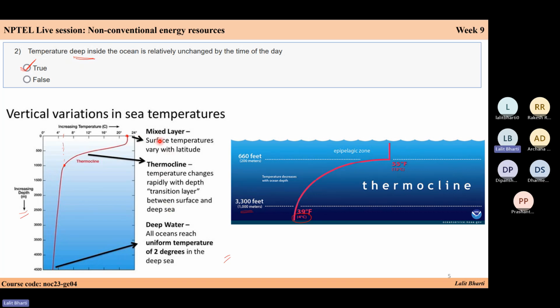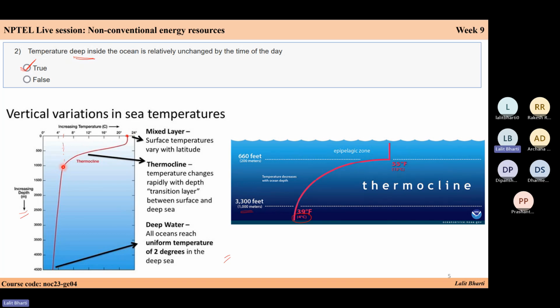The top layer is called the mixed layer, which has the effect of surface temperatures, which vary with the latitude. And then we have the thermocline layer. So it is clear that your temperature depends on the latitude. As you go deep, your temperature will decrease significantly.